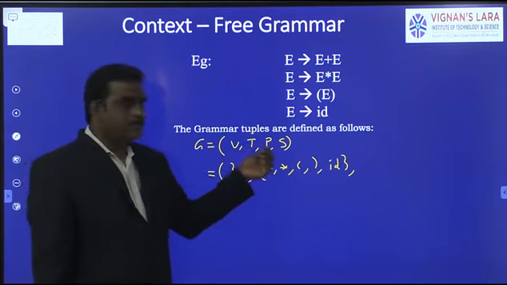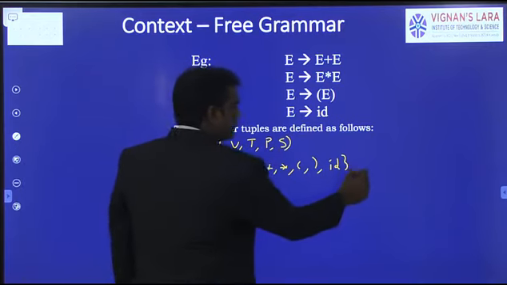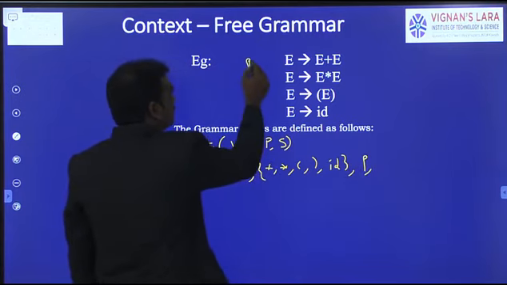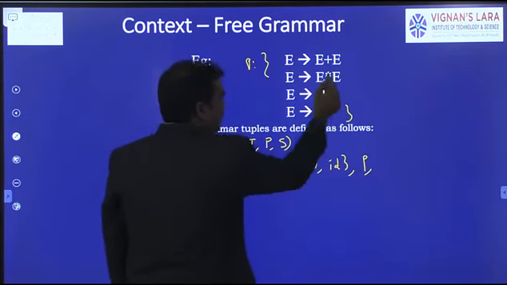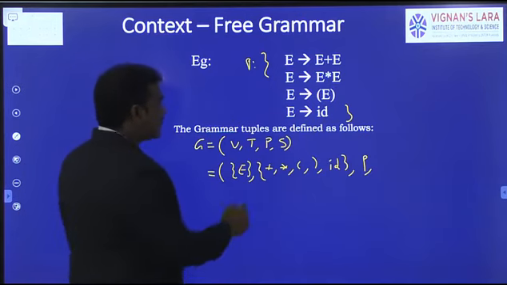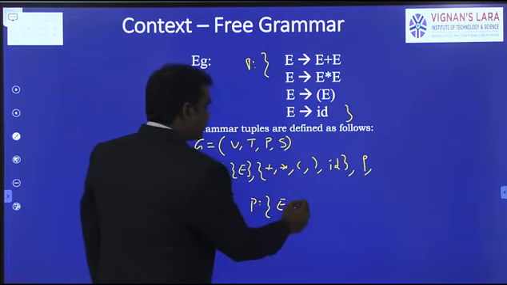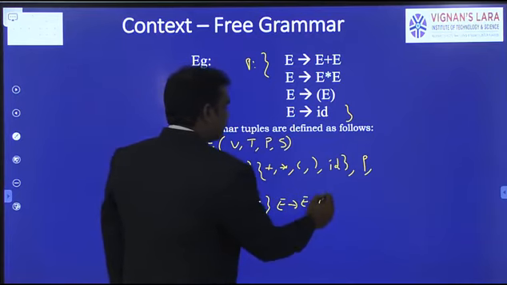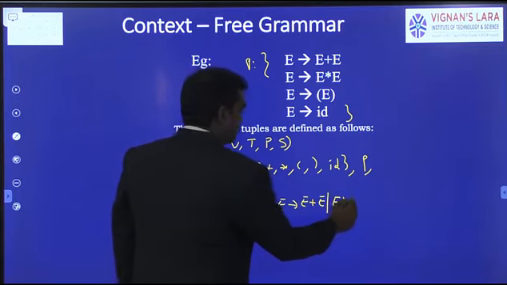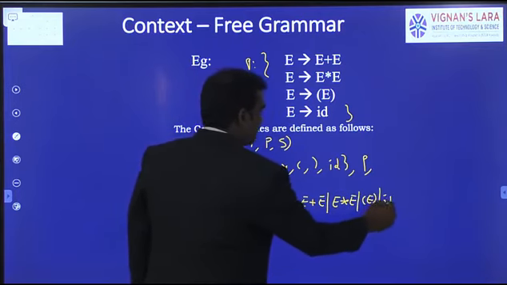And the third one is P. P means set of productions. What are the productions? All these are the productions only. We have total 4 types of productions. We may simply write E to E plus E, or E star E, or E to ID.